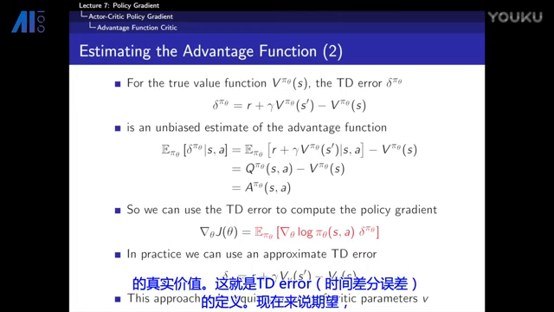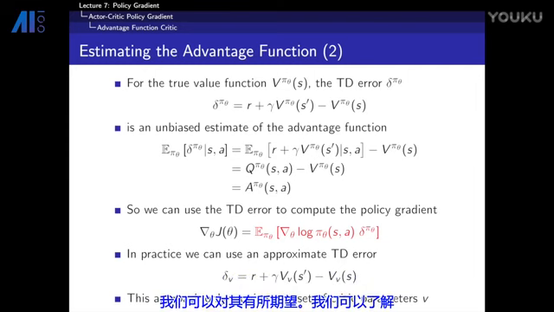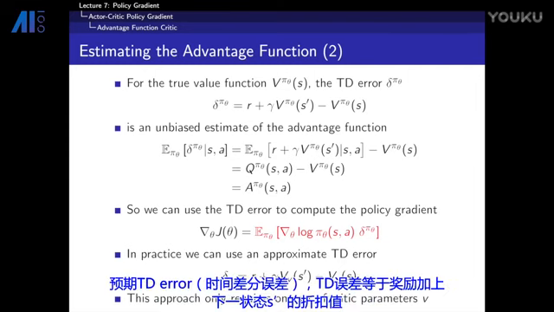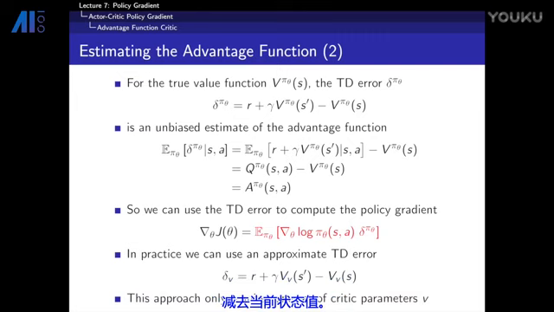That's just the definition of this TD error. Now, in expectation, we can take the expectation of this whole thing. We can say, well, what's the expected TD error? And the expected TD error is the expected reward plus discounted value at the next state minus the value of the state I was in.